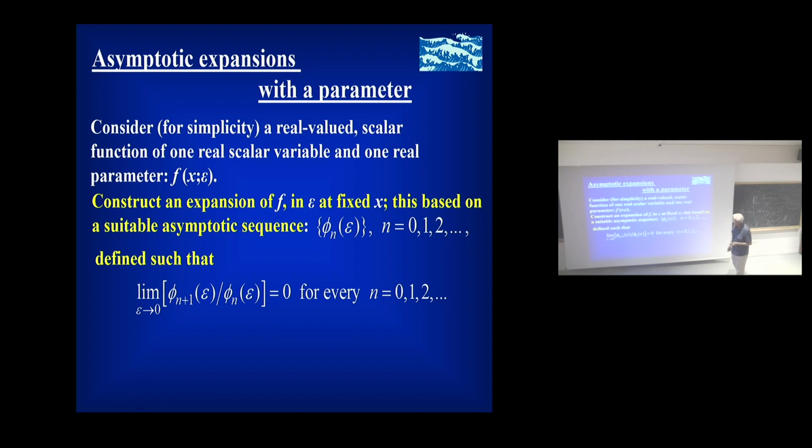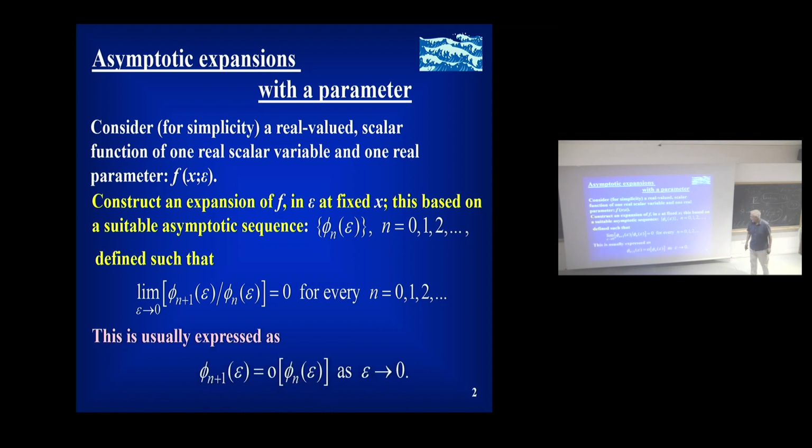So phi_{n+1} over phi_n, functions of epsilon, tends to 0 for every n = 0, 1, 2. That defines our asymptotic sequence. Which asymptotic sequence you use for a given problem is, I think the phrase I might use, up for grabs. It's most certainly not unique.